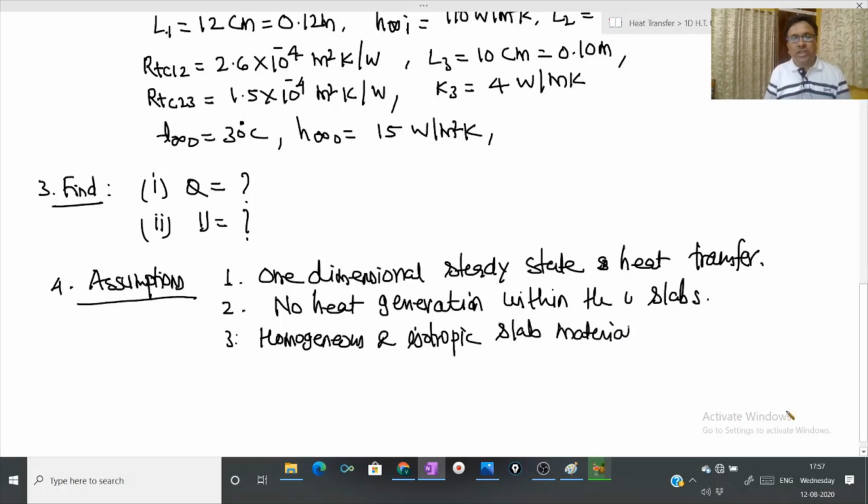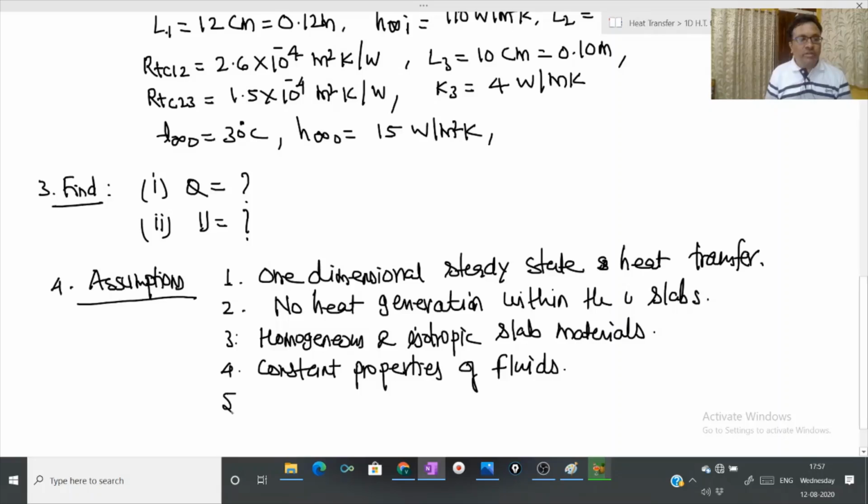That means their conductivity is constant everywhere. Then constant properties of fluid, that is their convective heat transfer coefficients are constant for the entire fluid film. And we have not been given the area normal to heat flow, so I will assume it as unity.